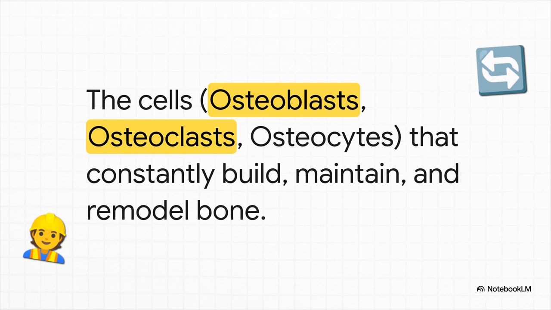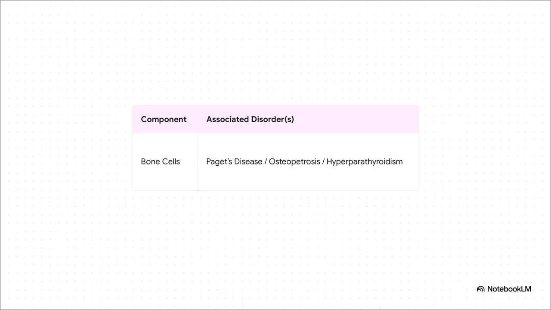Keeping that team in balance is absolutely critical. And this really shows how a problem with the process can be just as damaging as a problem with the materials. When this cellular crew goes haywire, you get disorders like Paget's disease, where the remodeling is just chaotic and disorganized, or osteopetrosis, where old bone doesn't get cleared away, making the bone super dense but also incredibly brittle. The crew is working, but they're not following the blueprint anymore.